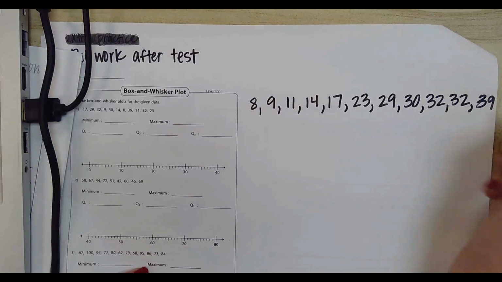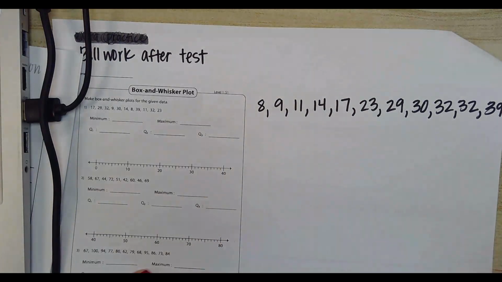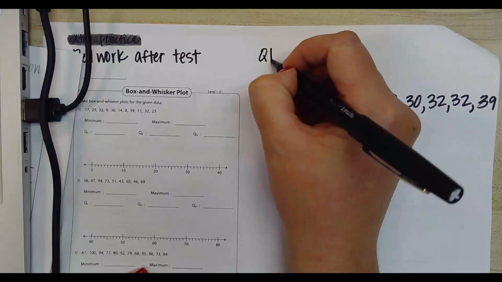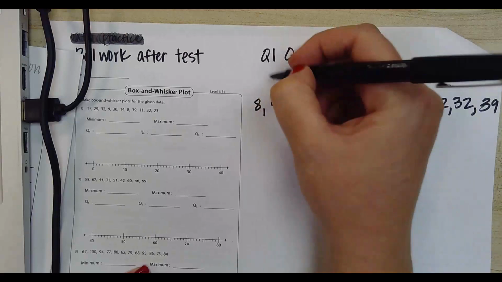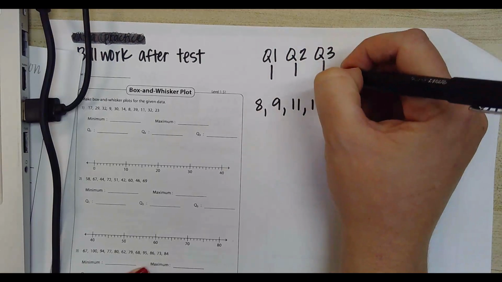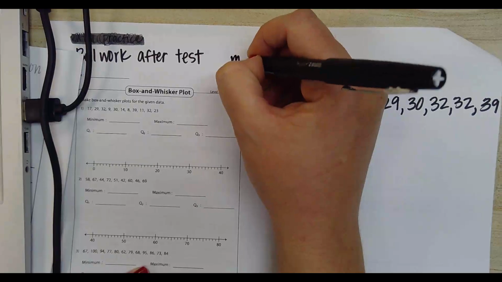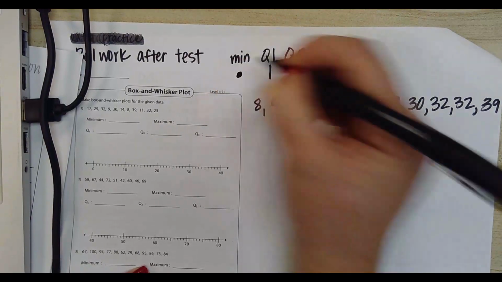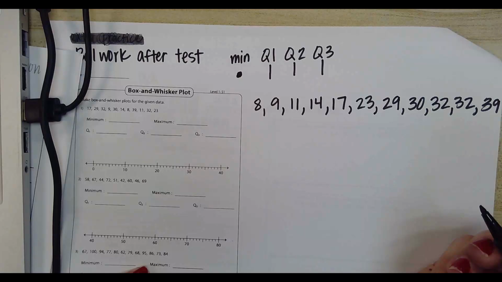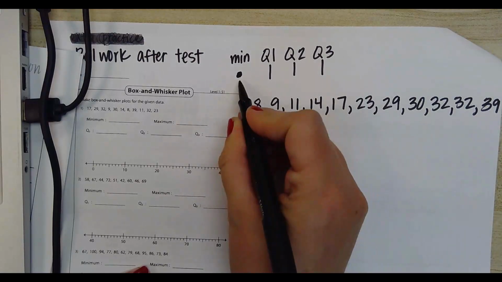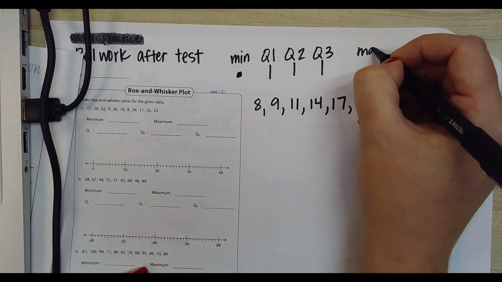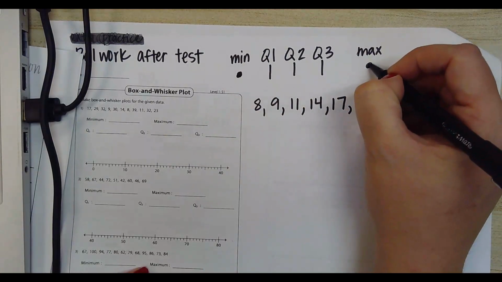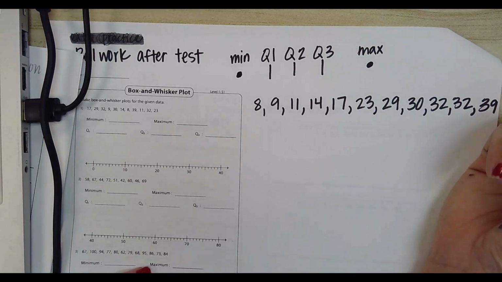So all you have to do on each one of these is find your Q1, your Q2, your Q3, and remember to draw your vertical lines, and then your minimum, which would be a dot for a whisker, and our maximum will be a dot for a whisker.